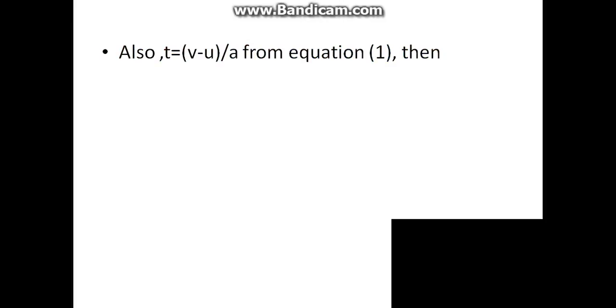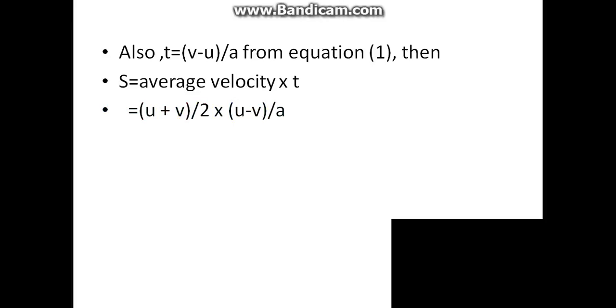Also, t is equal to (v minus u) all over a from equation 1. Then s is equal to average velocity times time, which equals (u plus v) all over 2 times (v minus u) all over a, which is now equal to (v squared minus u squared) all over 2a.